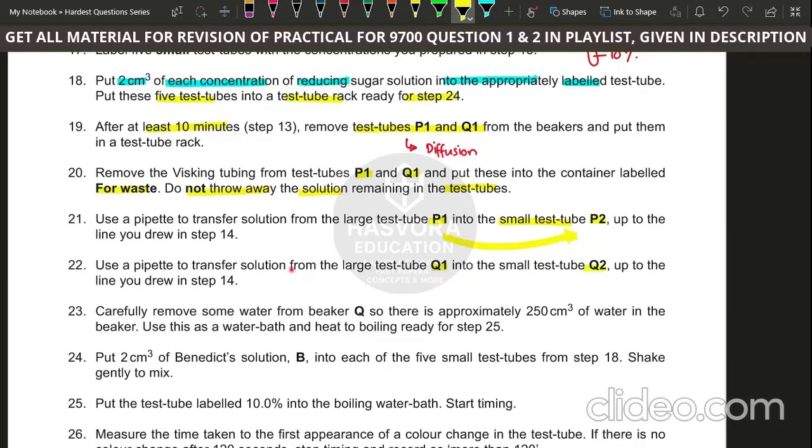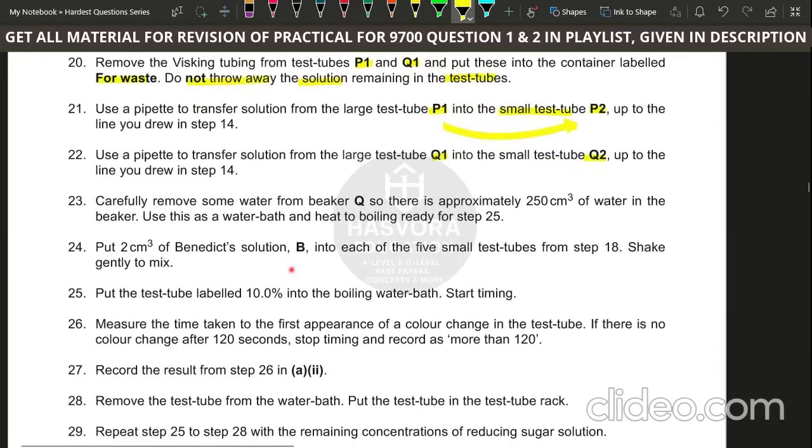Okay, so you will also be using that to test, and carefully remove some water from beaker Q so that there is approximately 250 cm cube of water in the beaker. Use this as a water bath and heat to boiling ready for step 25, because now you will be performing the Benedict's test on each of the concentrations that we prepared. Okay, so put 2 cm cube of Benedict's solution into each of the 5 small test tubes.